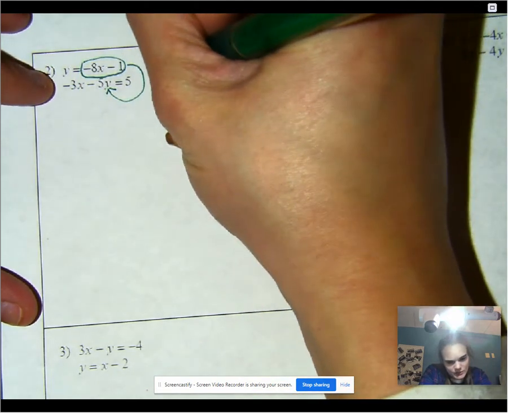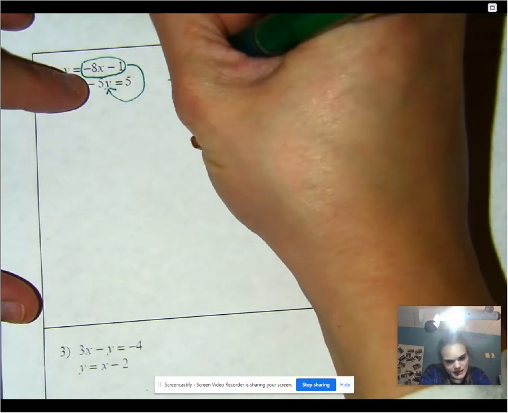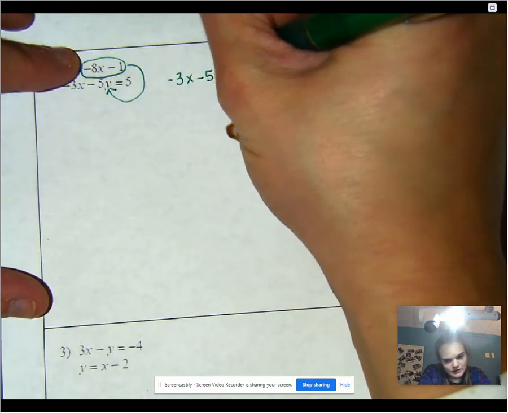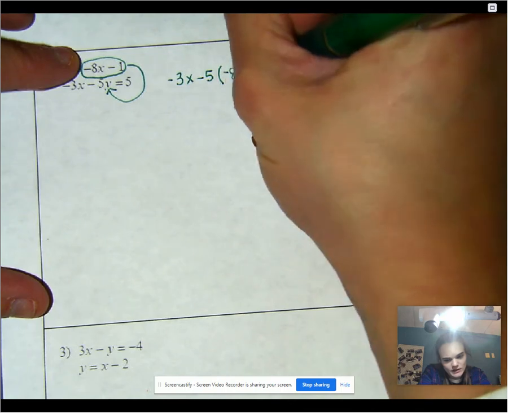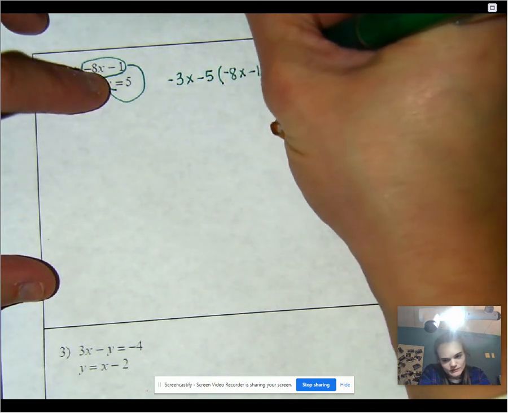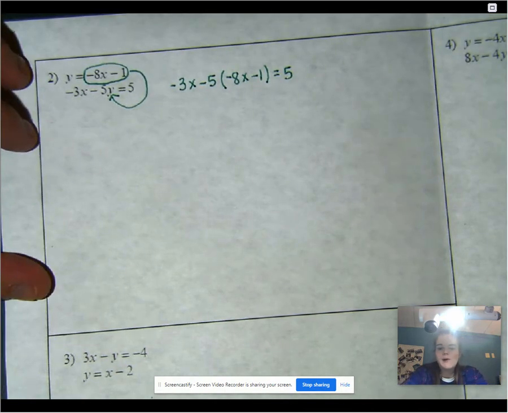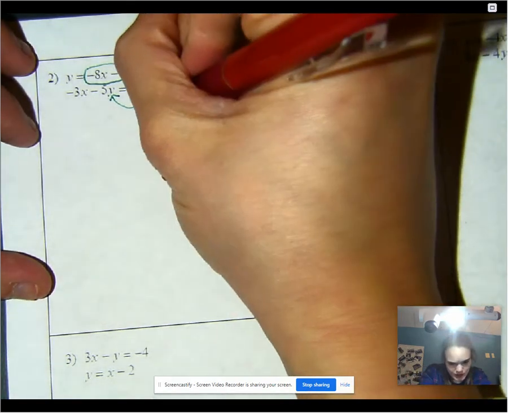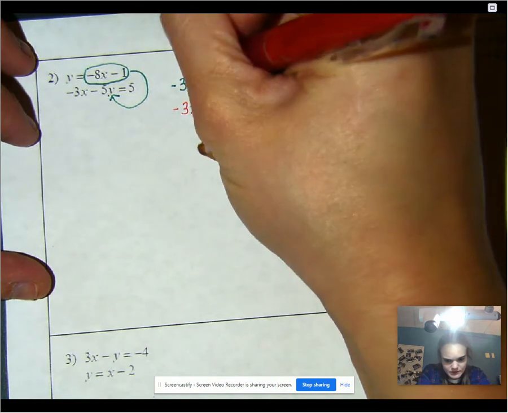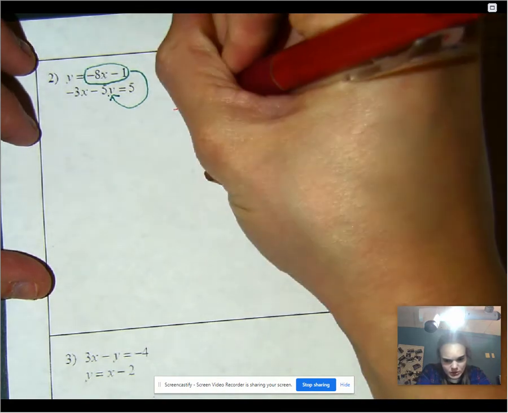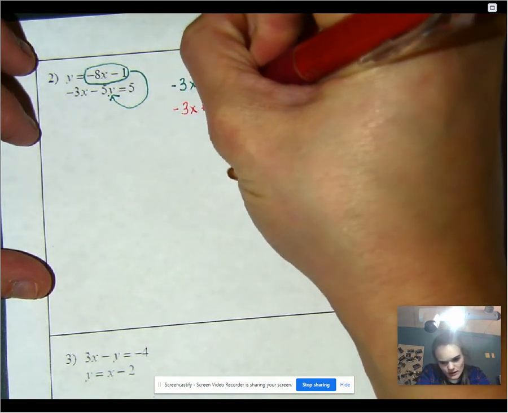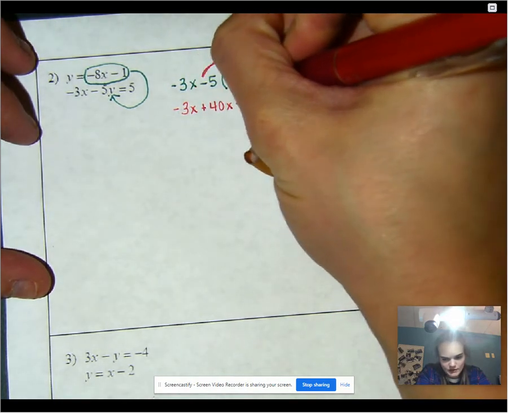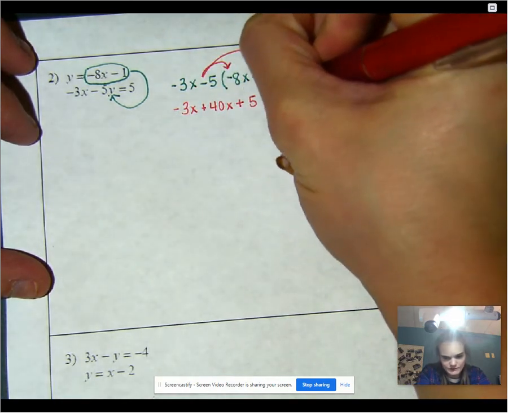So negative 3x minus 5, plug in negative 8x minus 1 equals 5. Now I'm going to distribute. So we got negative 3x first, just bring it down, plus 40x plus 5 equals 5.